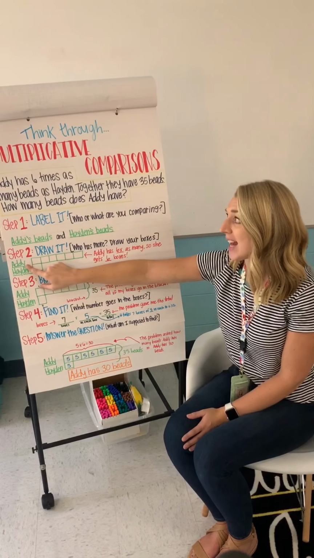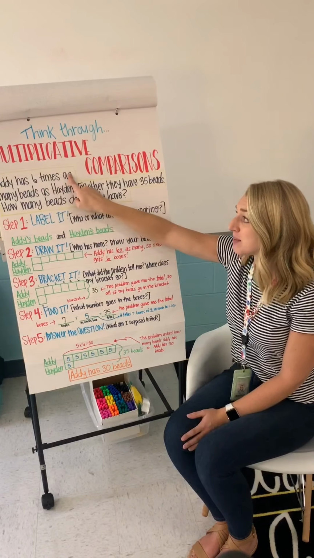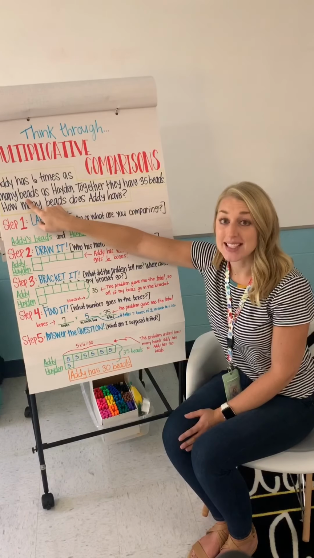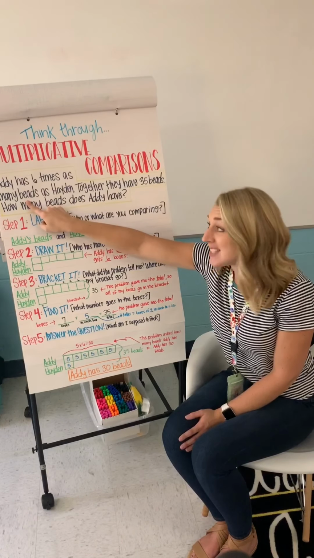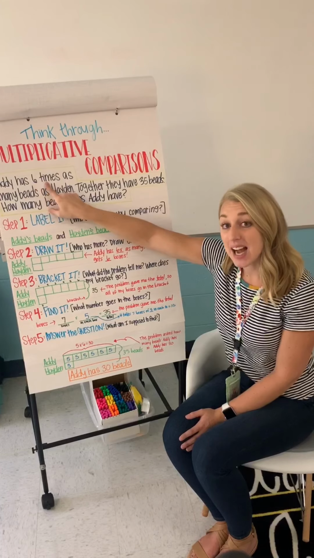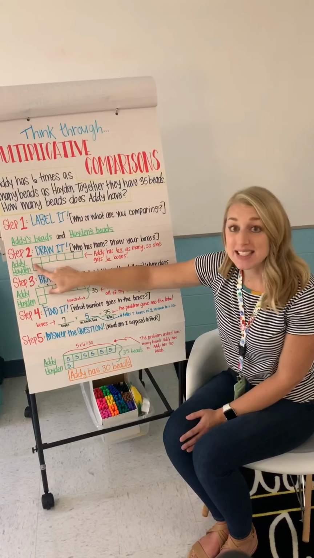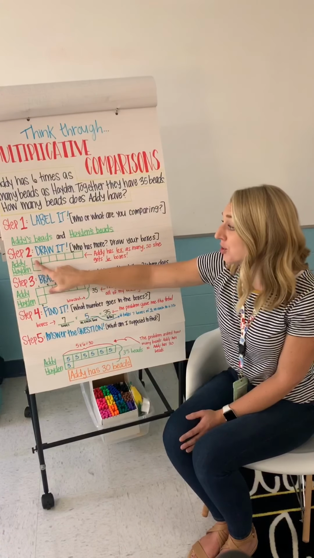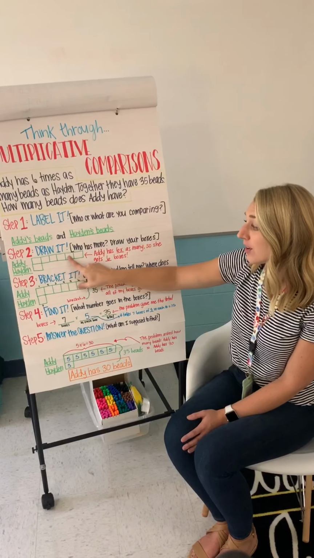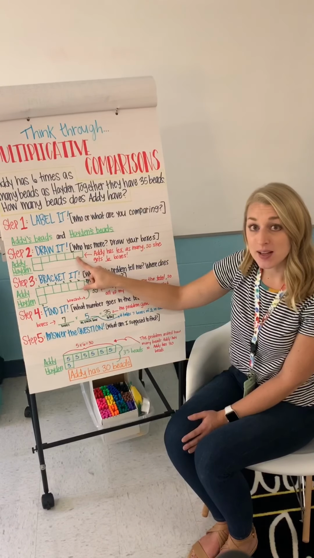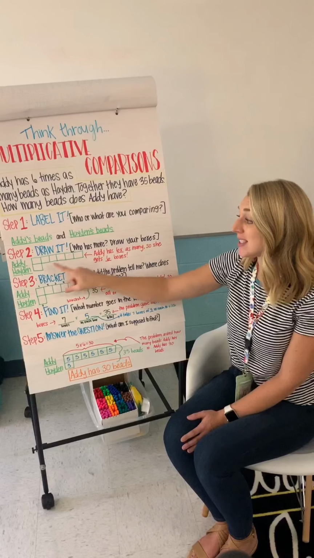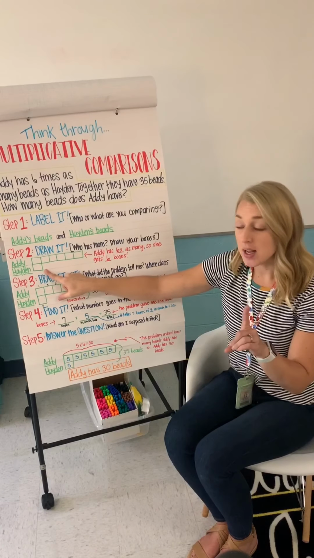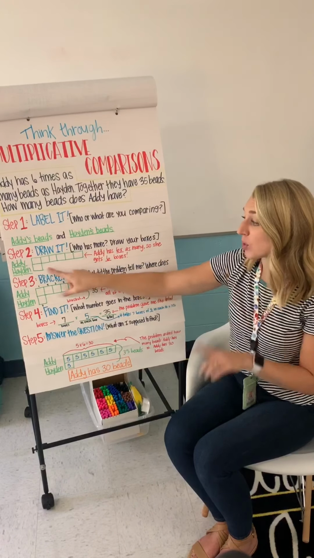We know that Addie has 6 times as many beads as Hayden. So all that means is that because she has 6 times as many, Addie gets 6 boxes. So I drew 1, 2, 3, 4, 5, 6 boxes. And if Addie has 6 boxes, Hayden just gets 1, because Addie has 6 times more than Hayden.